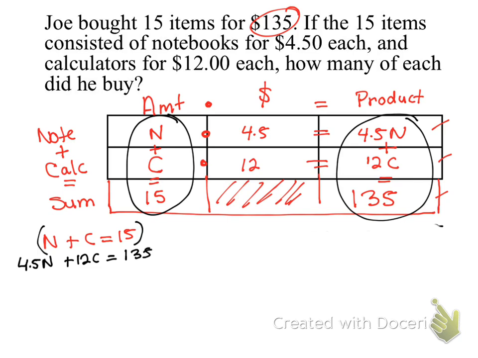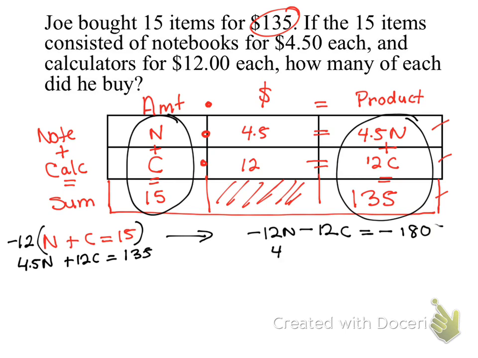The easiest one to clear is the 12. So I'm multiplying everything by negative 12. I'm then going to get negative 12N minus 12C equals negative 12 times 15. Is it 190? 180. Negative 180.